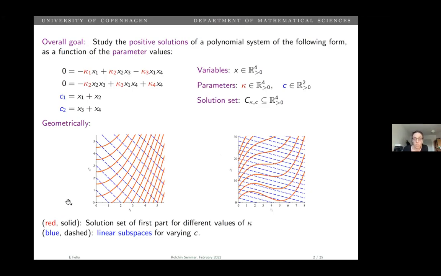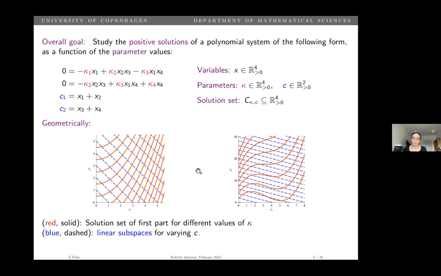And you look at the intersection. So here in the first figure, every time I take a red line and a dashed blue line, I will always get 1 point. So this is telling me that for any choice of parameter values, this corresponding system has always one solution in the positive orthant.